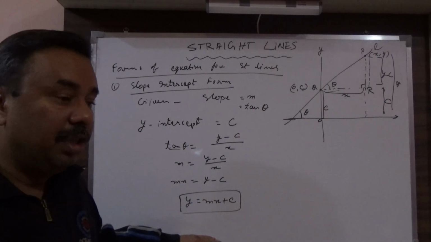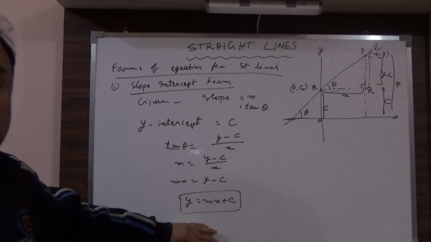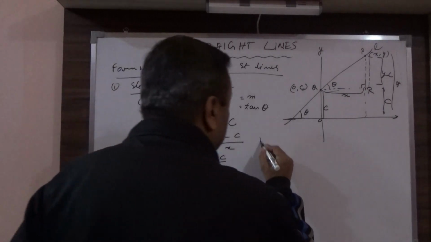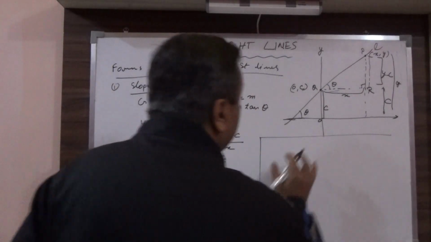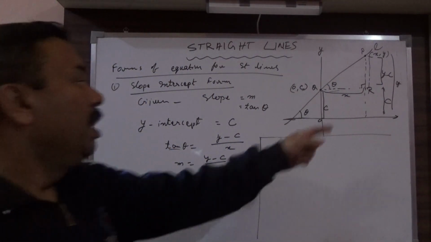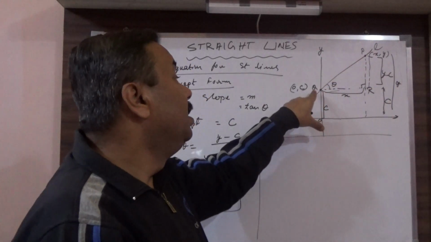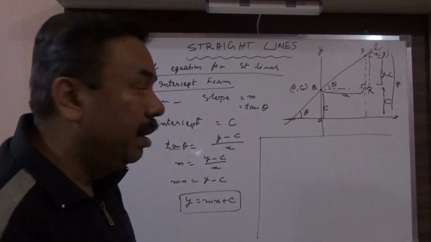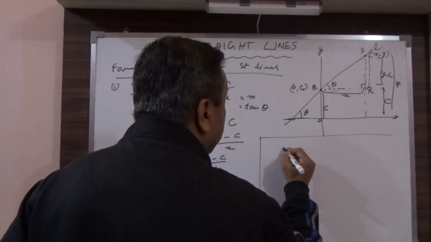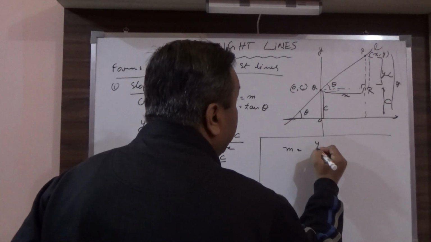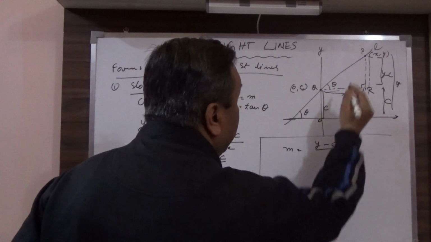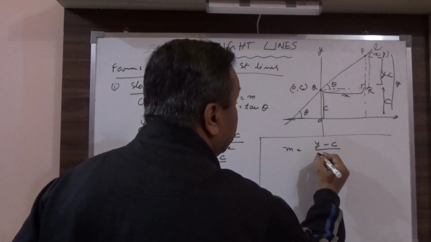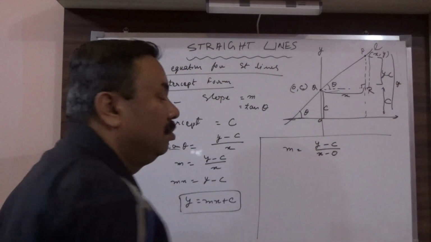Either you can do it this way. So this is your equation in point slope form, slope intercept form. And then the next way also you can do, since you have said these are the coordinates. So again I can say what will be the slope, or m will be y coordinate, that is y minus c, divided by difference of x coordinate, that is x minus 0.